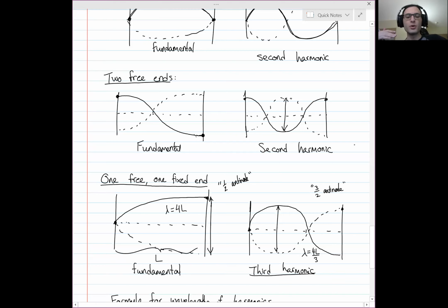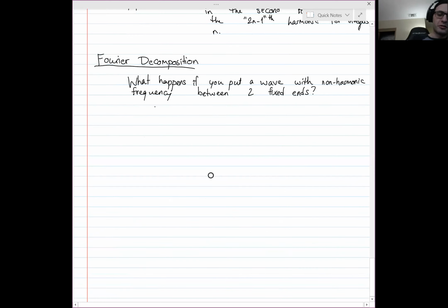But you could imagine you have a string. Imagine that you have a string tied off on either end, and then you just pinch it at one end so it bends here. You lift it up here, and then let it go.